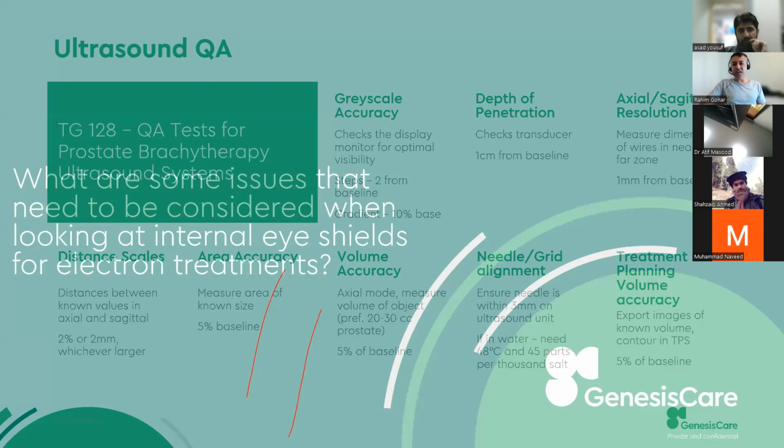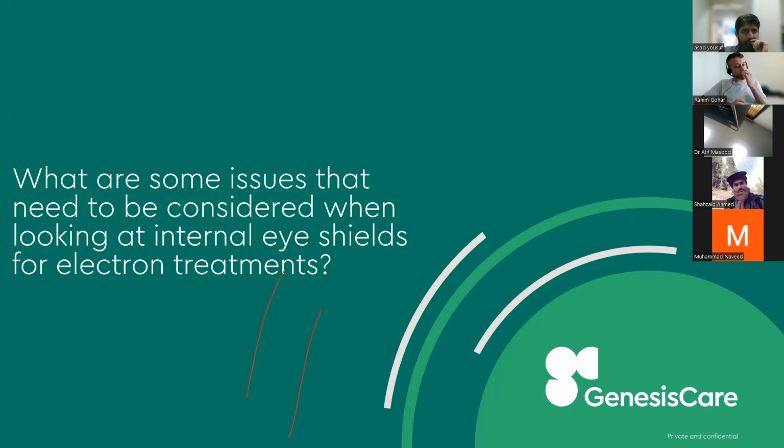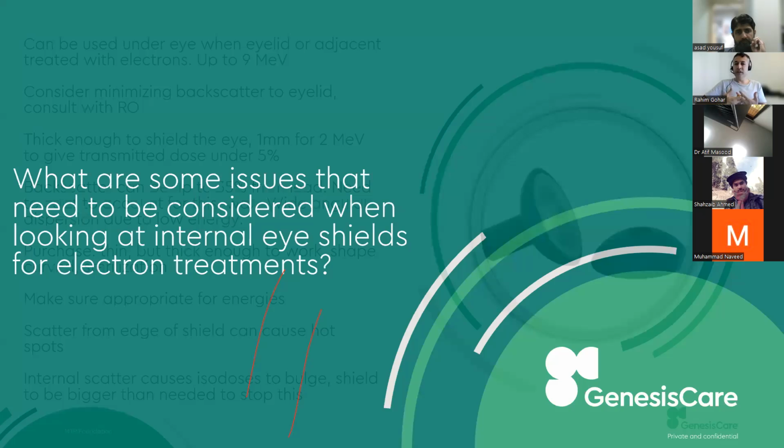This is internal shields for the eye. Sometimes you have to use internal eye shields for electrons, for lesions which are sitting next to the eye. But we have to be careful in the selection of the energy and the thickness of your lead because of the backscatter and the production of bremsstrahlung.